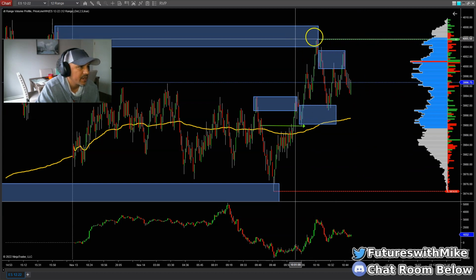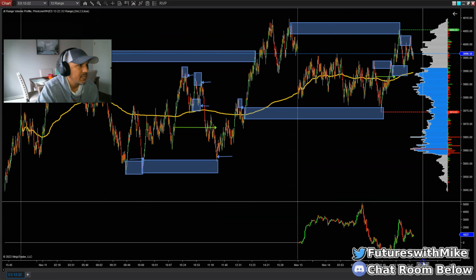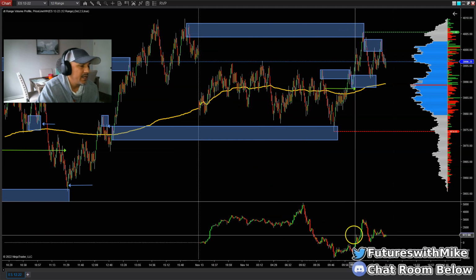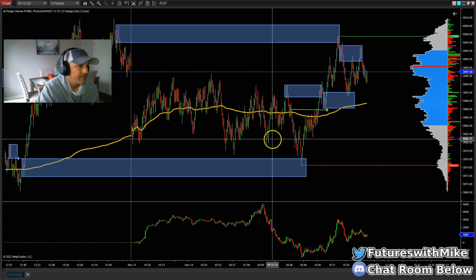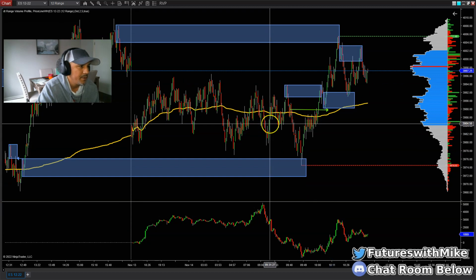But it's in a wedge right now, so I'm going to wait to see if it's going to break lower or break higher. Not 100%, we are testing. We've already tested and rejected the highs from Friday, and it'll be interesting to see what it's going to do from here. The market hasn't done much since it opened.